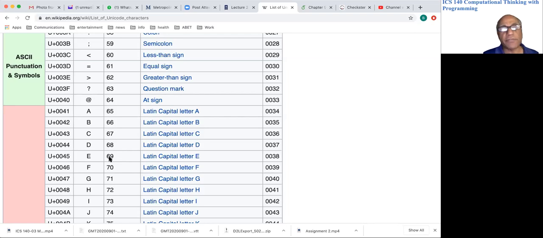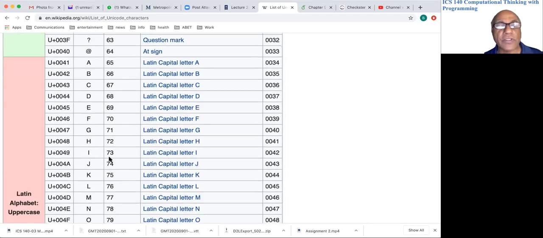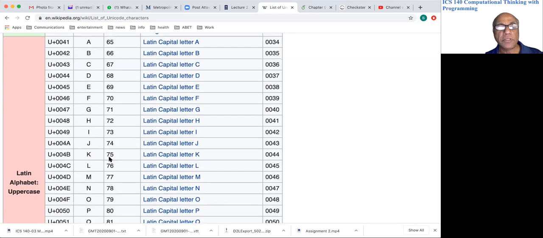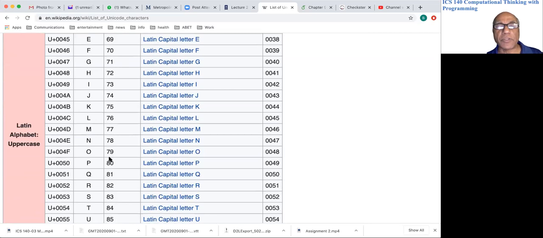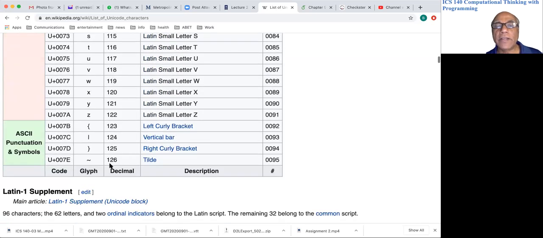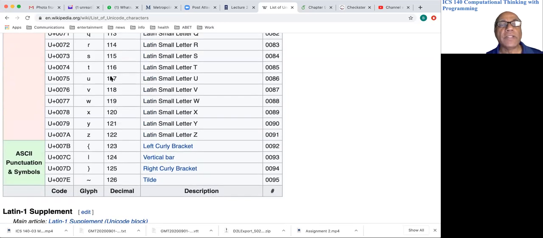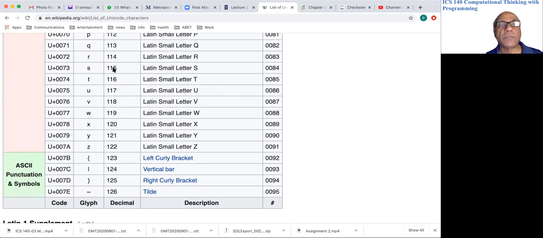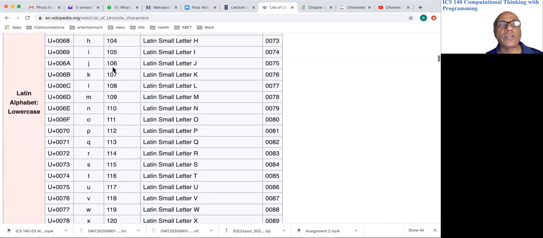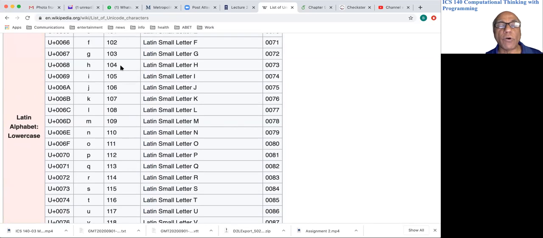Let's, for the heck of it, see what the word Python will be represented by. Python, the first letter is P, so it will be 80. The next letter is Y, so the next number would be 121. Then the next number would be 116 for T. Then H would be 104.